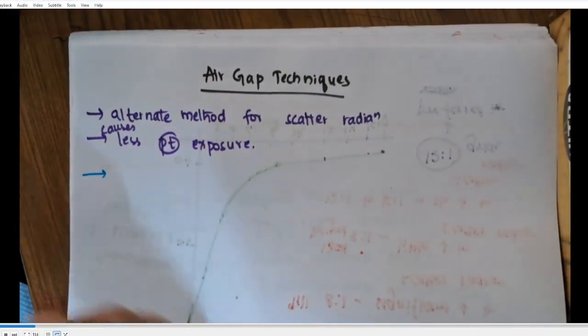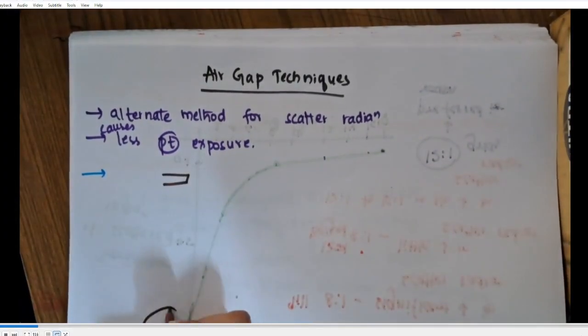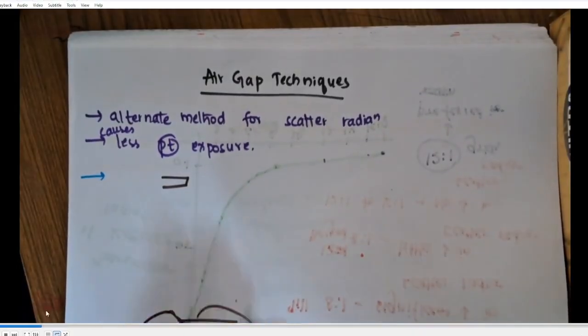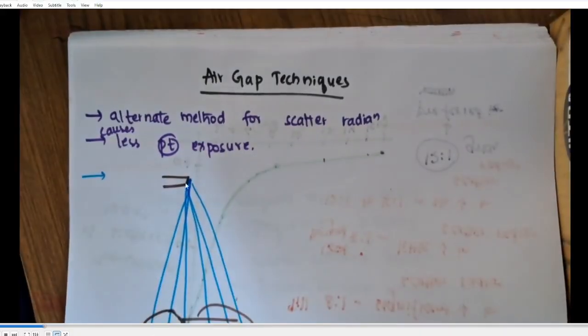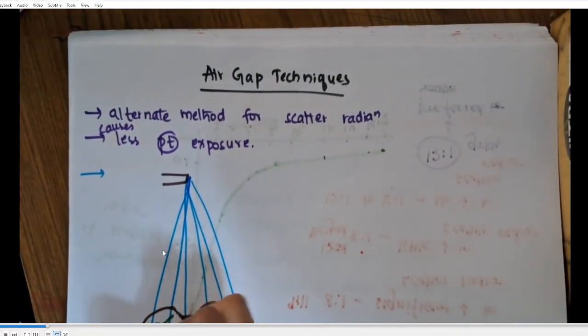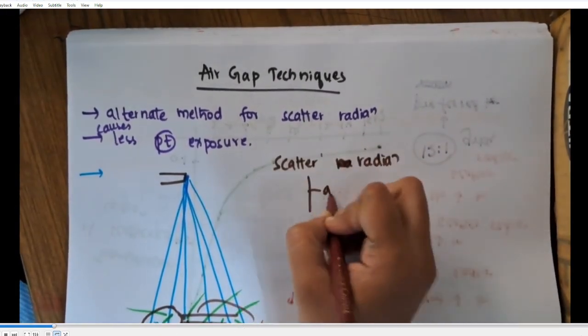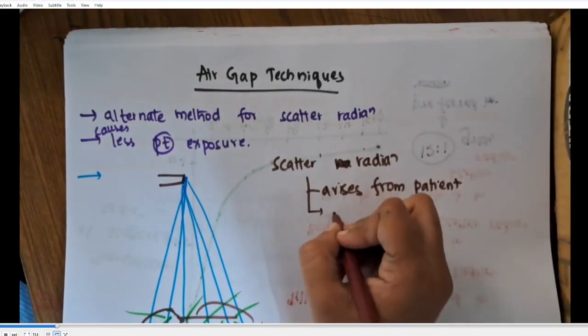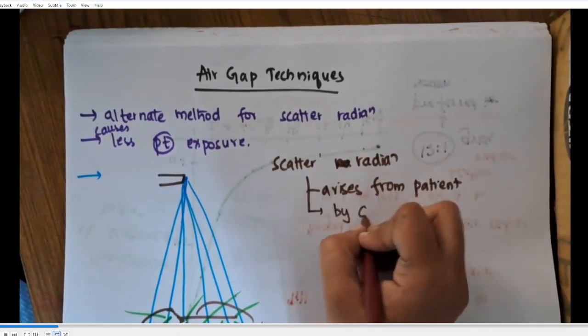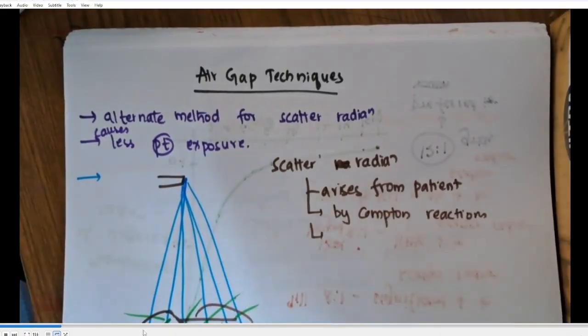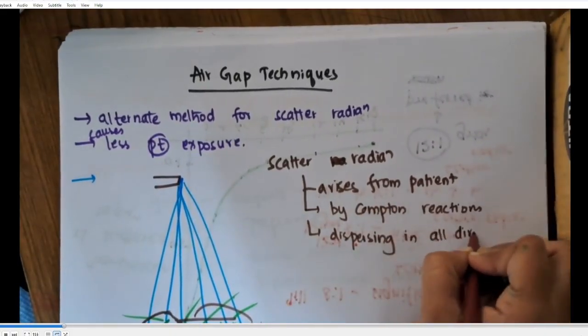The basic principle of this air gap technique is simple. Scattered radiation arising from the patient, with the X-ray tube and primary radiation, falls onto the film, and this scattered radiation disperses in all directions, so the patient acts like a light bulb.